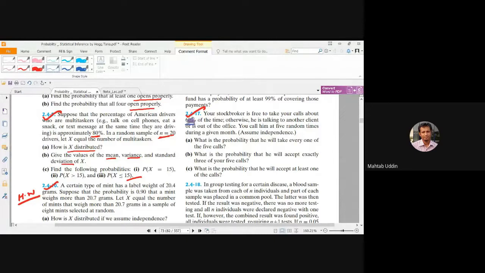That is, the probability of reaching your call is 60%. That is P. P is 0.6. So Q will be 0.4. Otherwise, he is talking to another client or out of the office. It doesn't matter. The matter is that we can reach him 60% of the time.